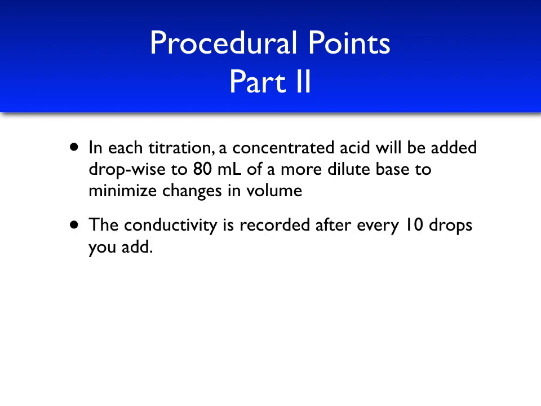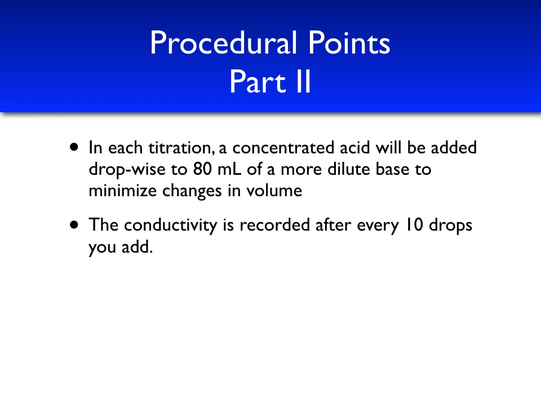When we perform our titrations, we're going to make a conductivity recording for every 10 drops of solution added. What we're looking for is the behavior of our conductivity during the reaction, at the endpoint, and beyond the endpoint.